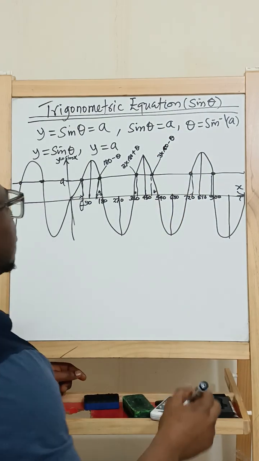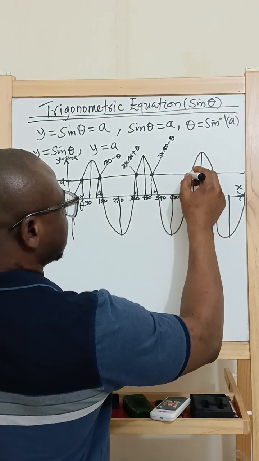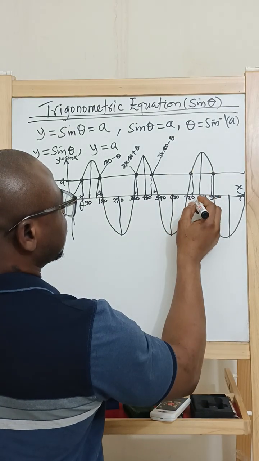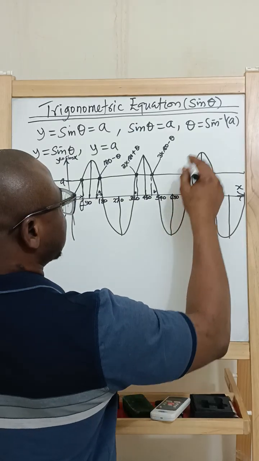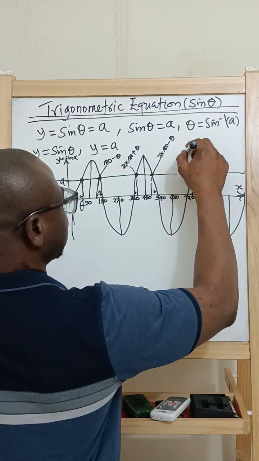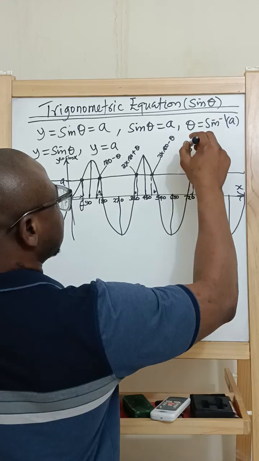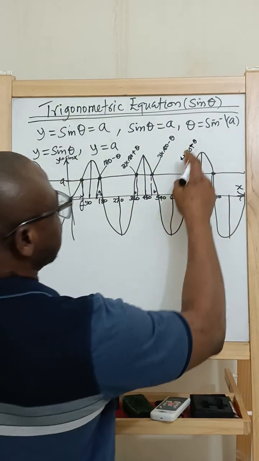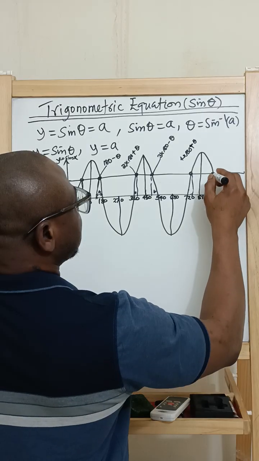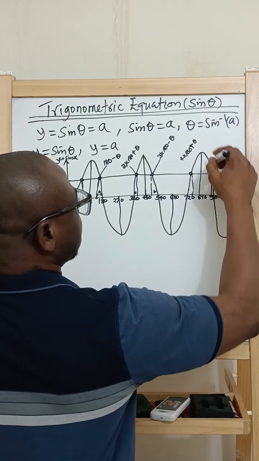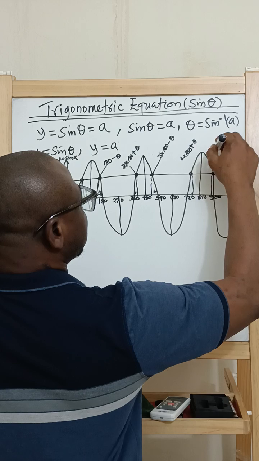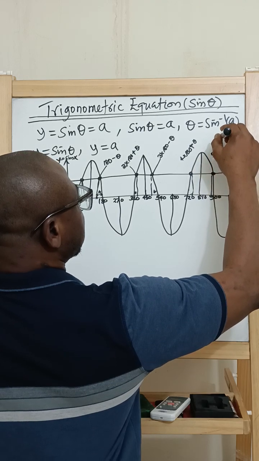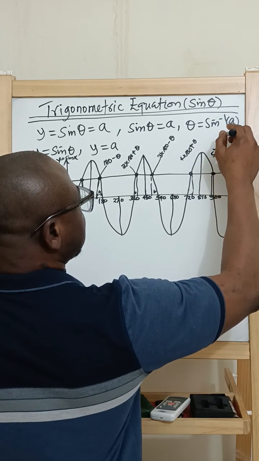Now here, this is 720, which is 4 times 180, so 4 times 180 plus theta. While this one is 900, so we call this one 5 times 180 minus theta.